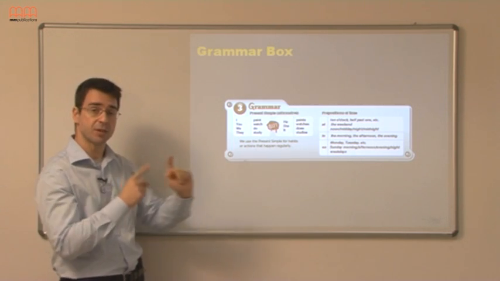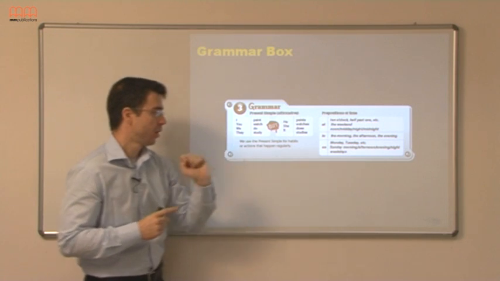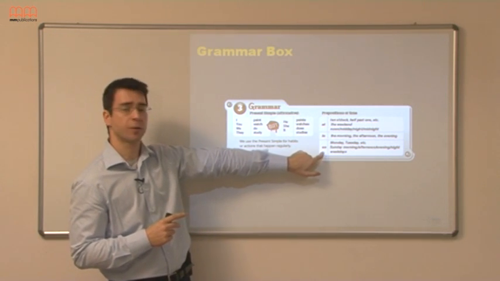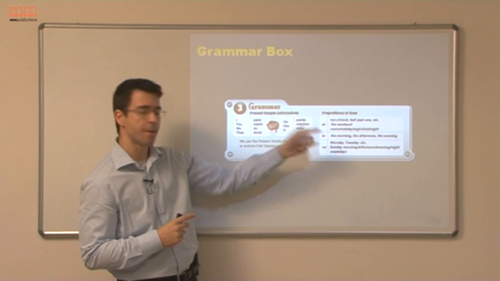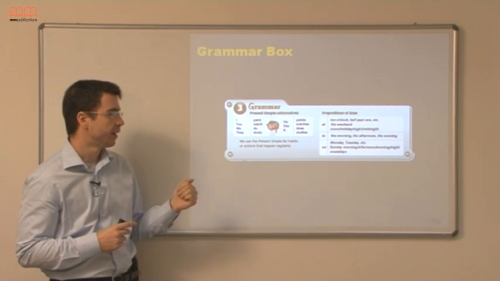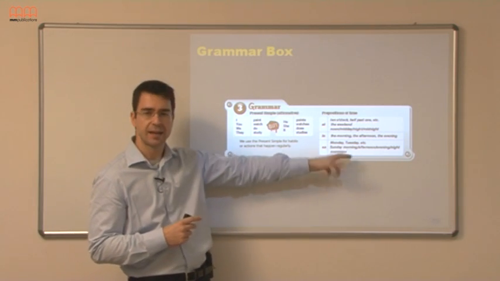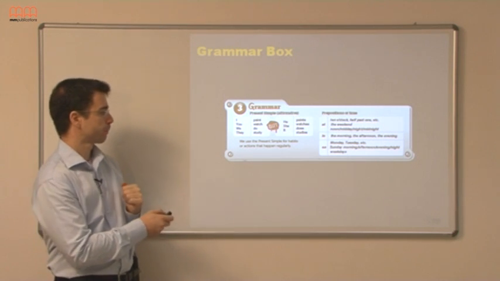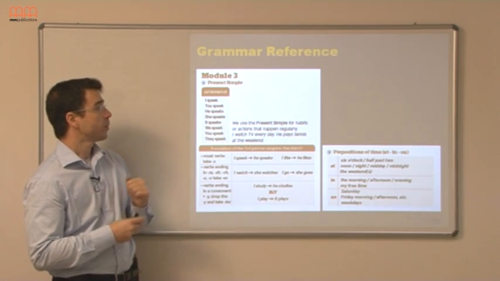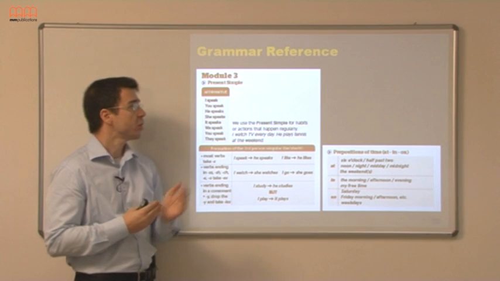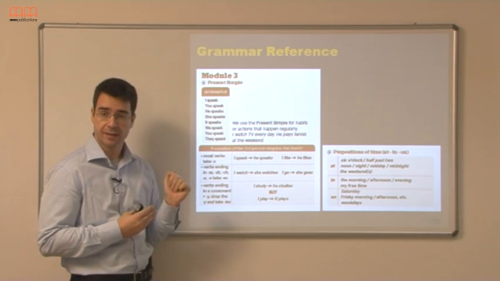Again, the exception is at night, all right? And on, we use it for the days of the week, for example, on Monday, on Tuesday, on weekdays, and so on.